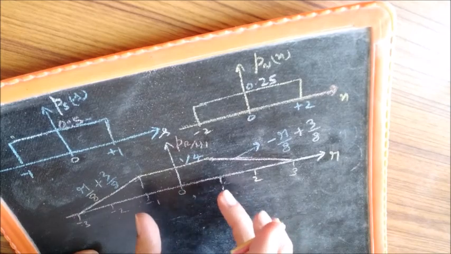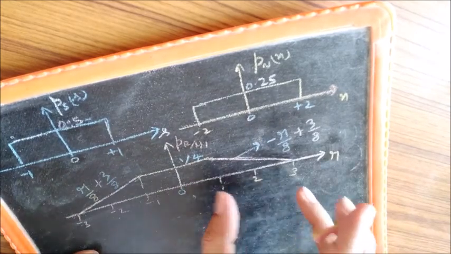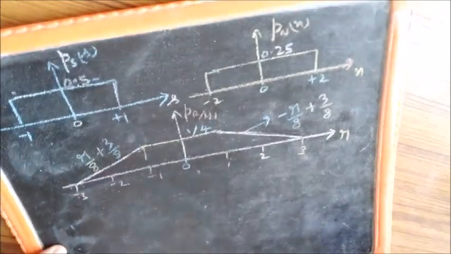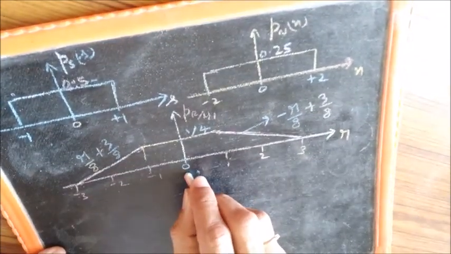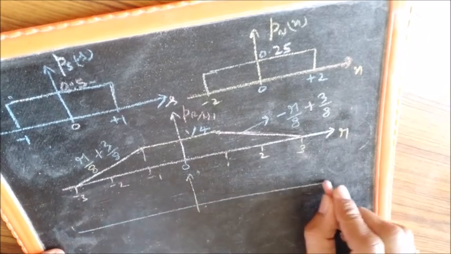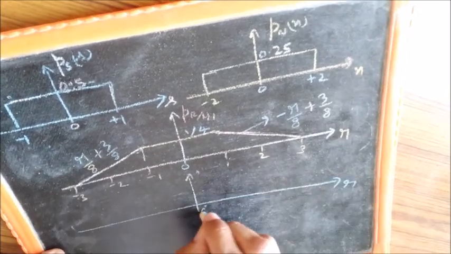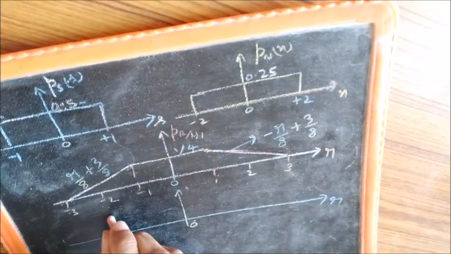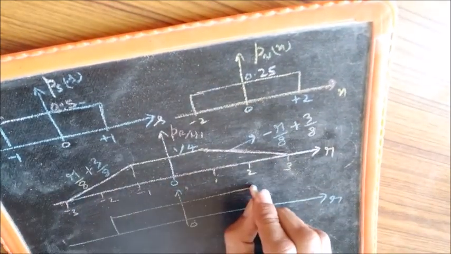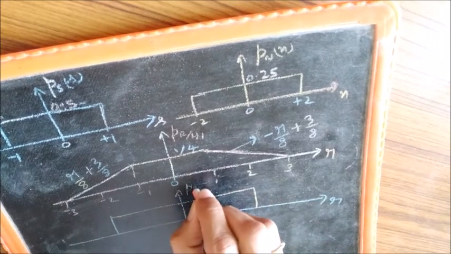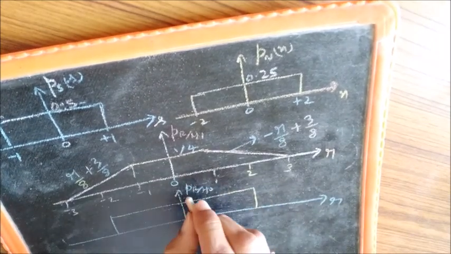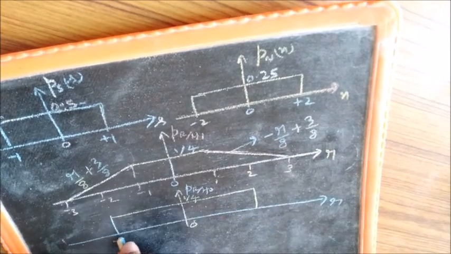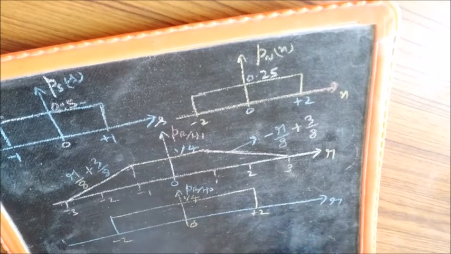From minus 1 to 1 it is 1 by 4. And 1 to 3 it is minus r by 8 plus 3 by 8. This is PRH1. And PRH0, of course, is just the same as the noise, as I said just now. So this is PRH0, and it will be 1 by 4, 0.25 from minus 2 to plus 2.